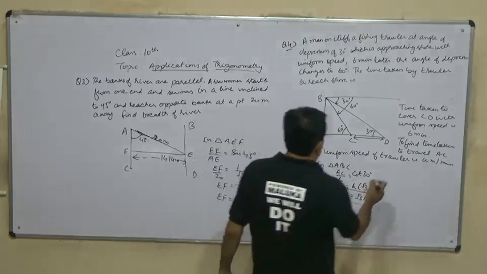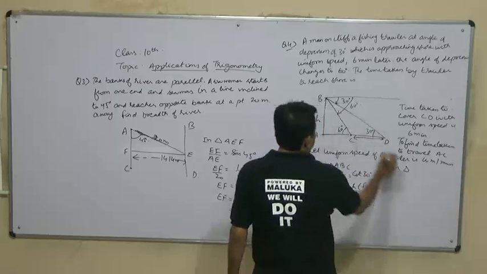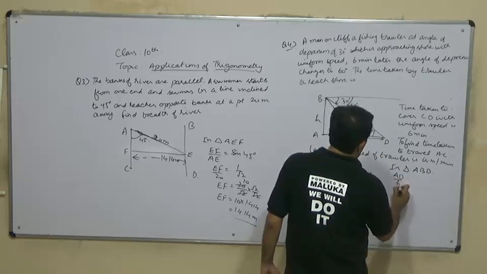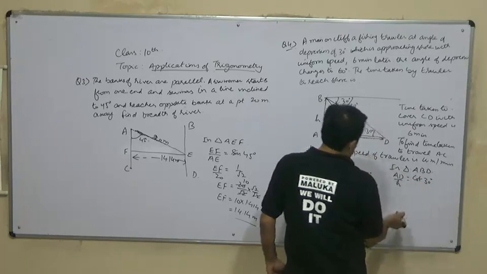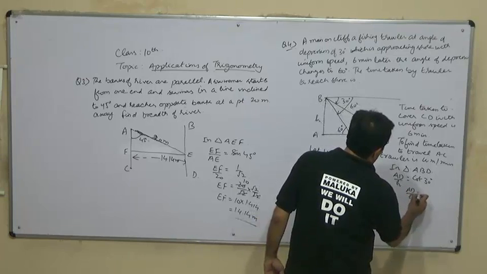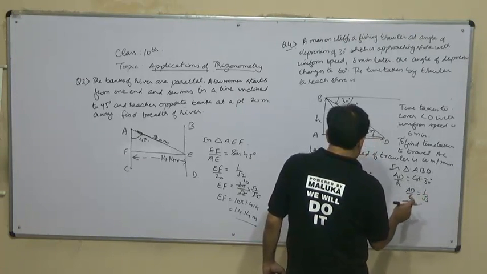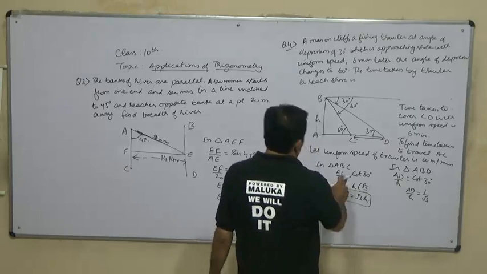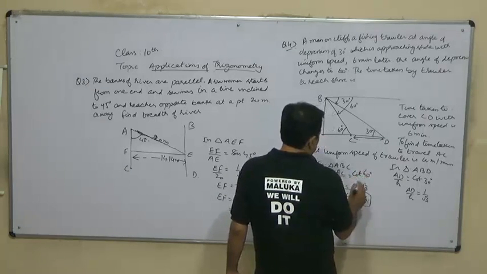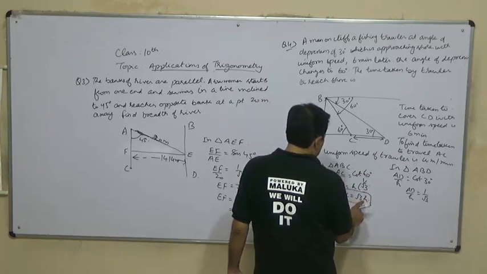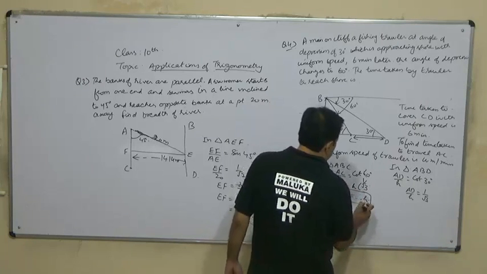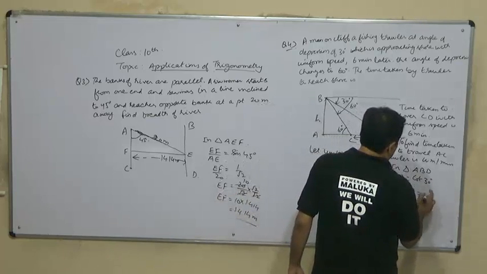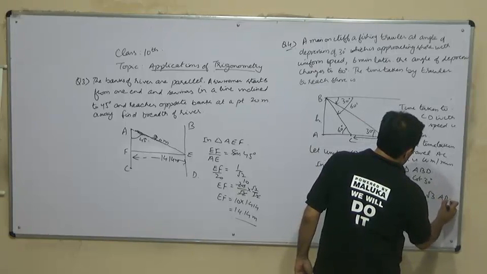Then in triangle ABD, AD upon h is equal to cot 60, and cot 60 is 1 by root 3, so AD is h upon under root 3.